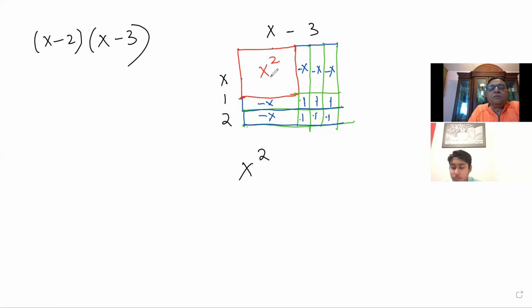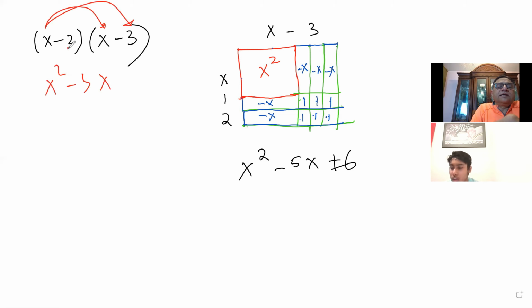So clearly we get x squared as one positive, right? And then we have these two negatives are all positive here. So we have minus 5x plus 6, right? Yes. You can actually do it here also. x squared minus 3x, and then with 2, minus 2x plus 6.